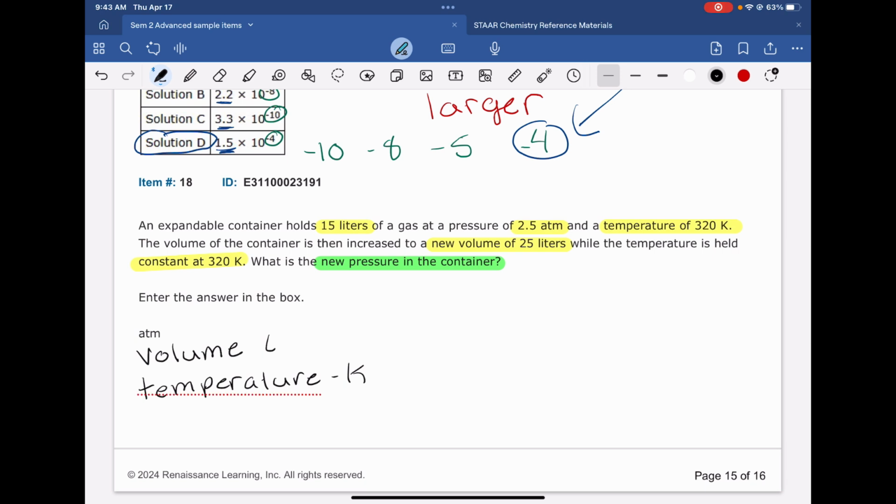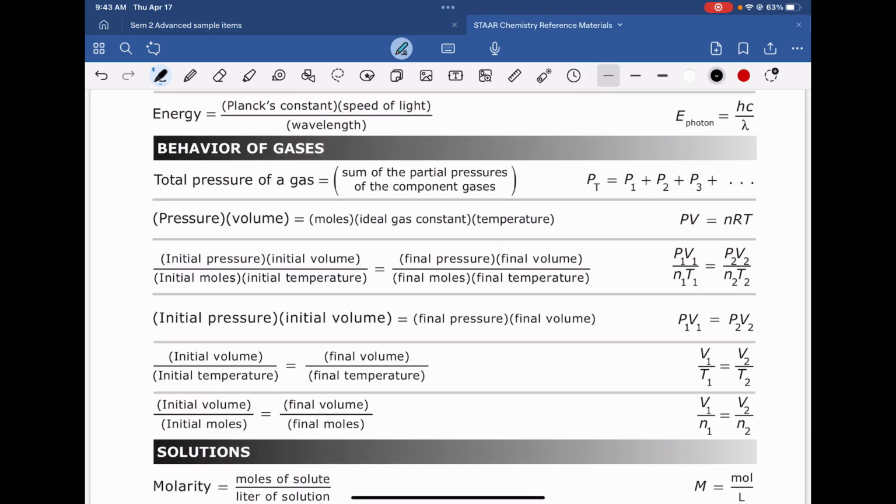And then the last thing that we have is our pressure, which is in atm.